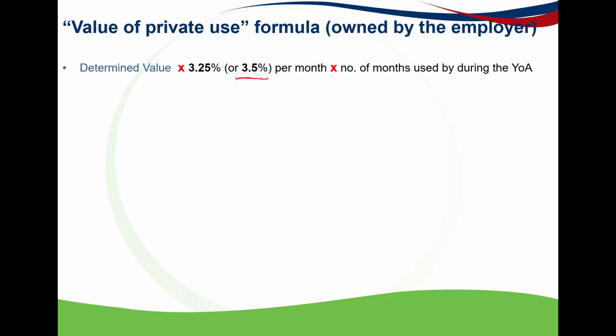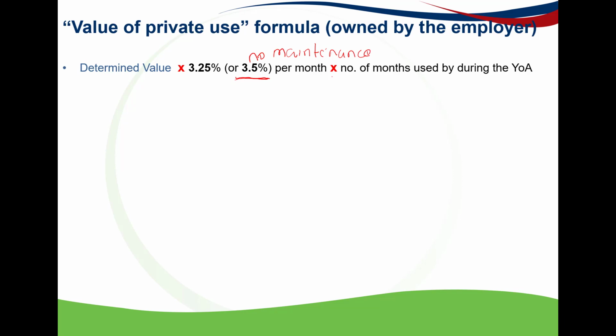The 3.5% applies if there is no maintenance plan, and the 3.25% will be applied if the vehicle is subject to a maintenance plan. You need to look at the information that has been provided to you, and it must specifically state that the vehicle is subject to a maintenance plan for you to multiply by 3.25%.